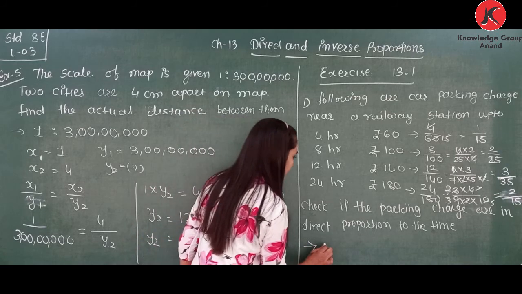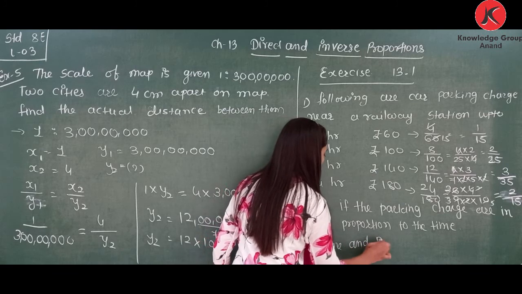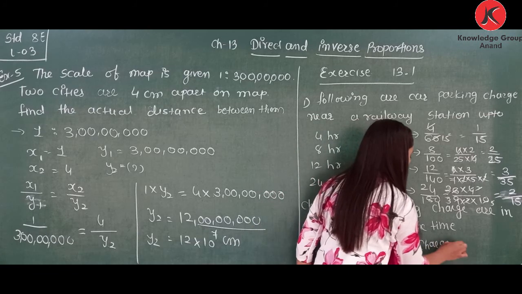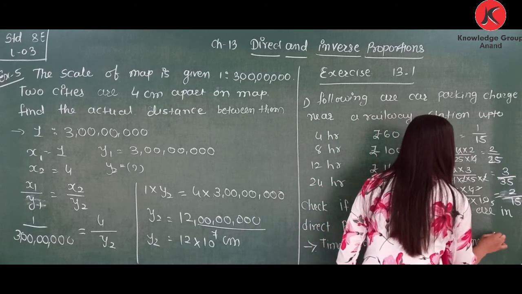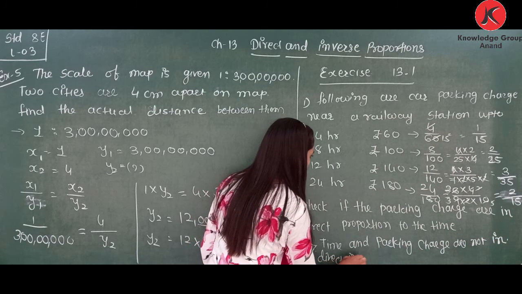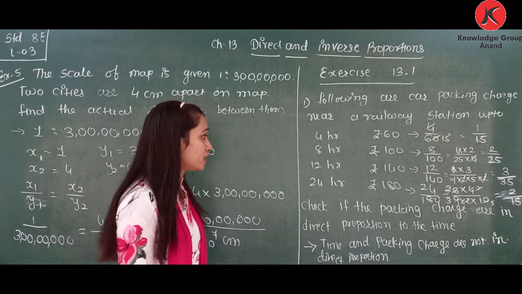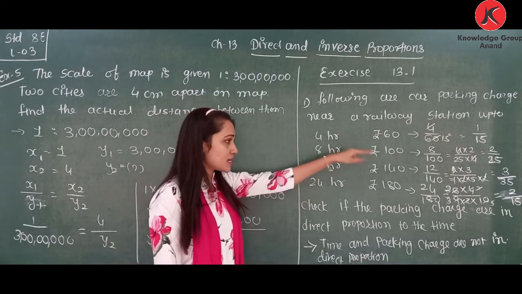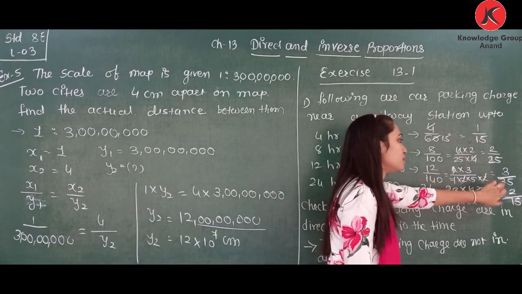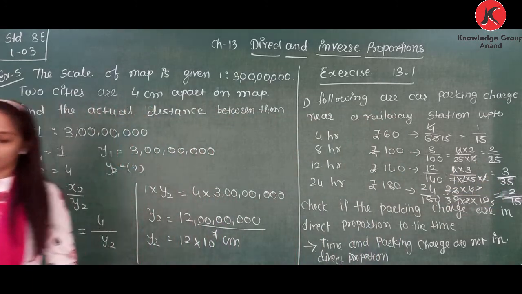We can write that time and parking charge are not in direct proportion. It is said to be in direct proportion when all ratios are the same, but you can see the first ratio is 1 by 15, second is 2 by 25, third is 3 by 35. So it is not in direct proportion because the ratios are different.